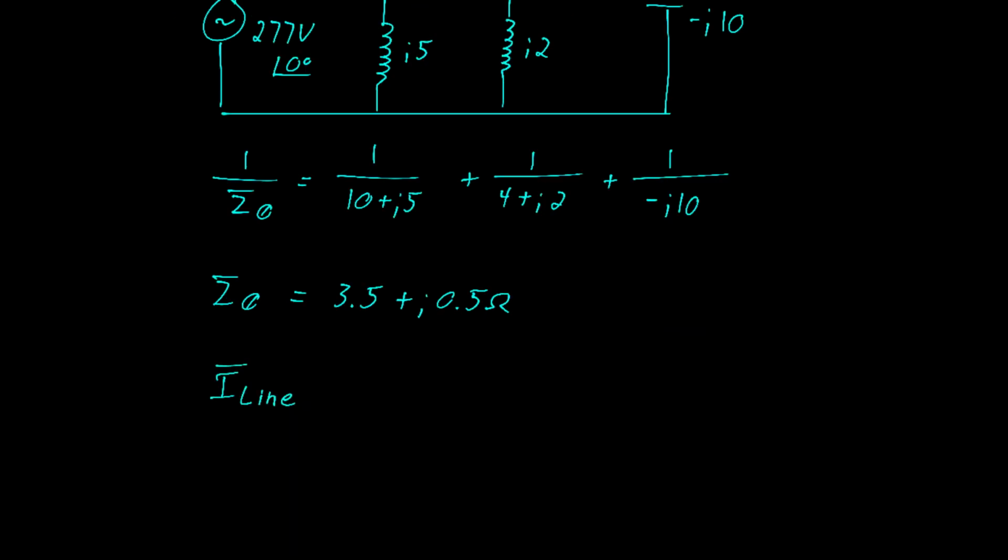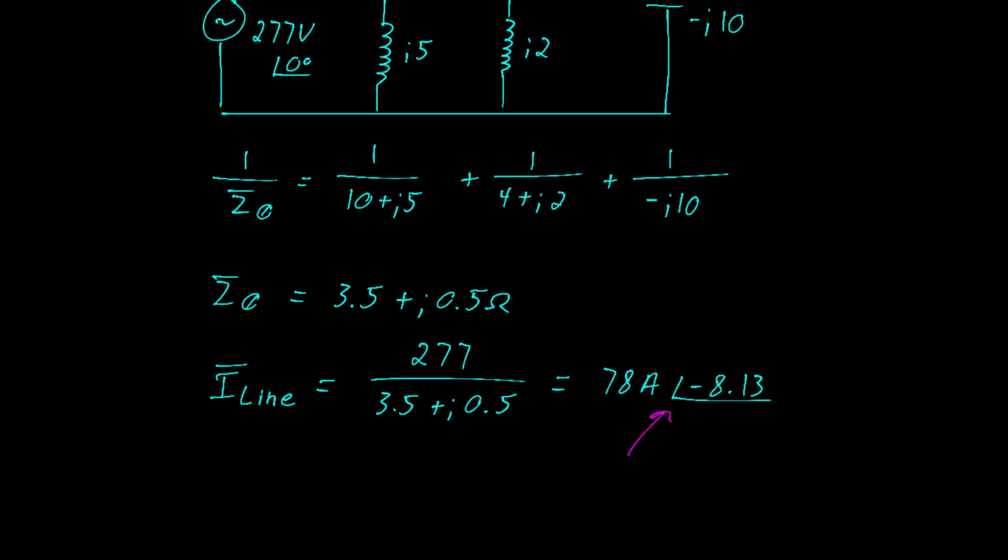From there, we can calculate the line current as the voltage, in this case 277, divided by the phase impedance, which gives us 78 amps at a phase angle of about negative 8.1. Using ELI the ICE man, we see that this is an inductive circuit with a lagging current.